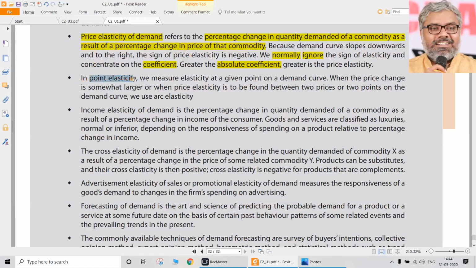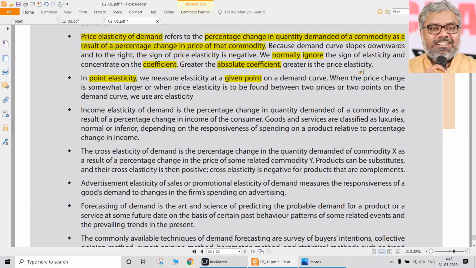And the elasticity of demand can also be calculated using other techniques like point elasticity, which is generally done by taking a given point on the demand curve. So this is not measured across the demand curve, it is measured at a point on the demand curve. How to find that? The formula has already been discussed.